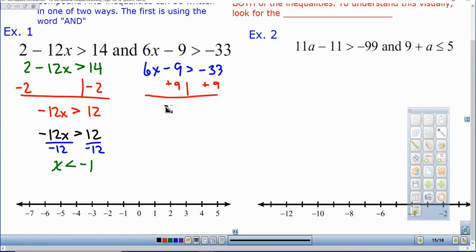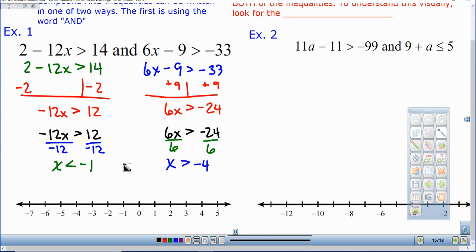We are going to get 6x is greater than -24. Then to get x by itself, we would get rid of the 6. I'm trying to keep consistent with my colors here. And we're going to get x is greater than -4.